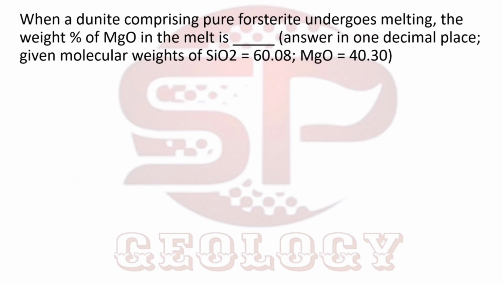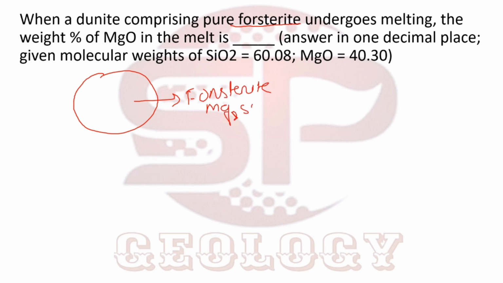Then a dunite comprising pure forsterite, so it consists completely of pure forsterite, undergoes melting. What is the weight percentage of MgO in the melt? The dunite completely consists of forsterite, so when it melts, it will contain only forsterite, that is Mg2SiO4.